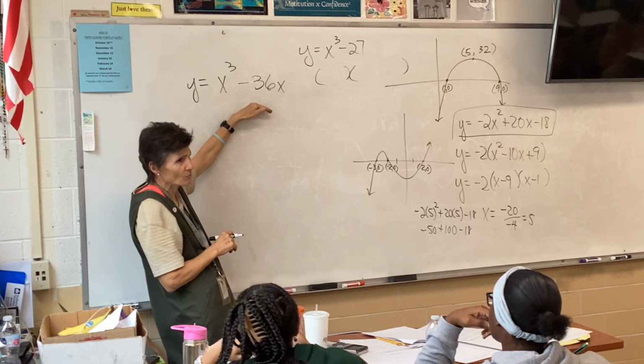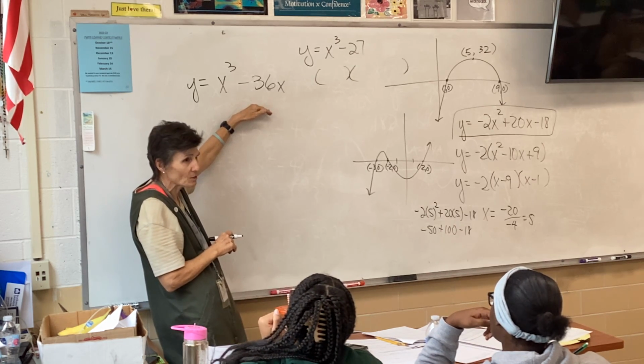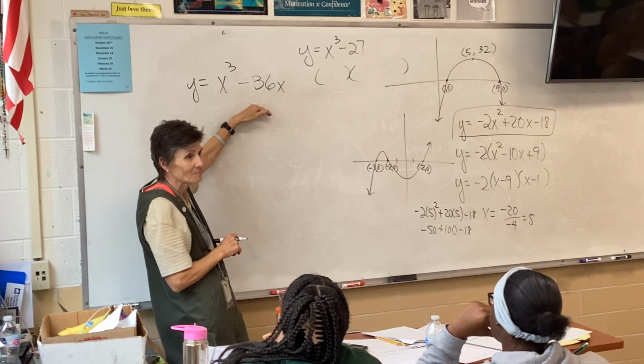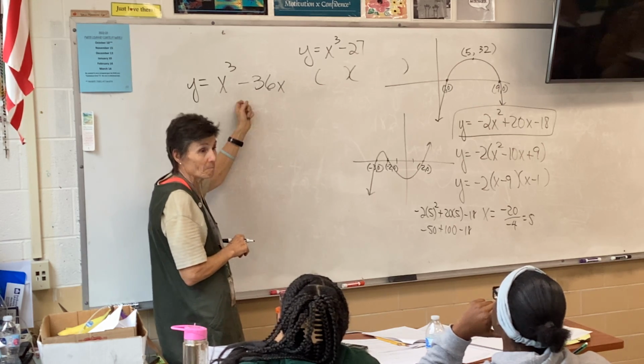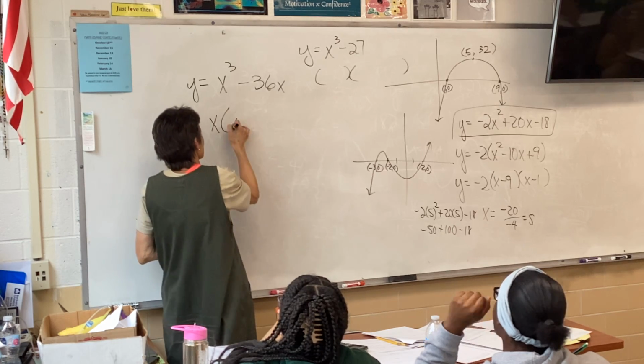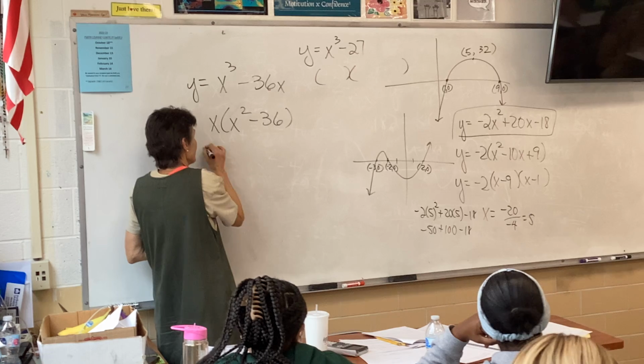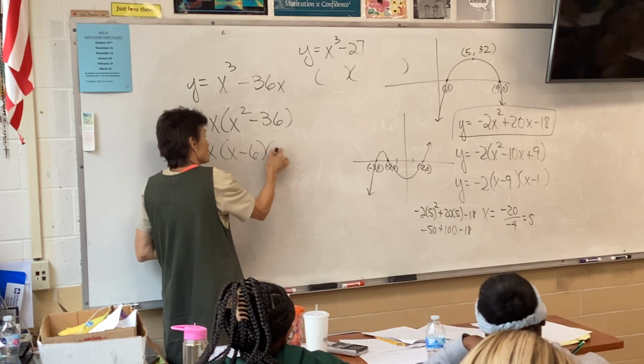This one's much easier than that, actually. What can we do with this? GCF? So we'll pull out an x and be left with x squared minus 36. And then we have the difference of squares.